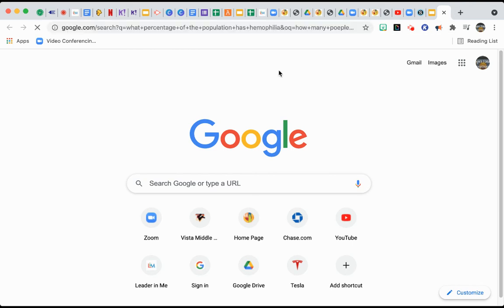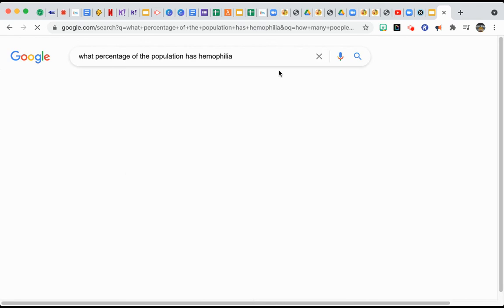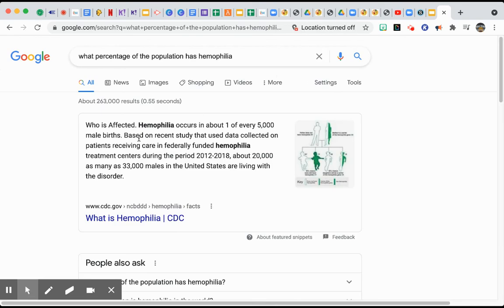Or what percentage of the population? One out of every 5,000 male births, based on a recent study, about 20,000, as many as 33,000 males in the United States are living with the disorder. So 33,000 males have this disease.